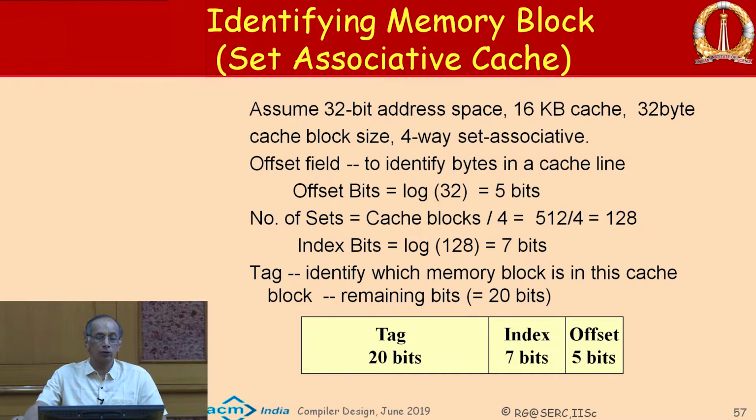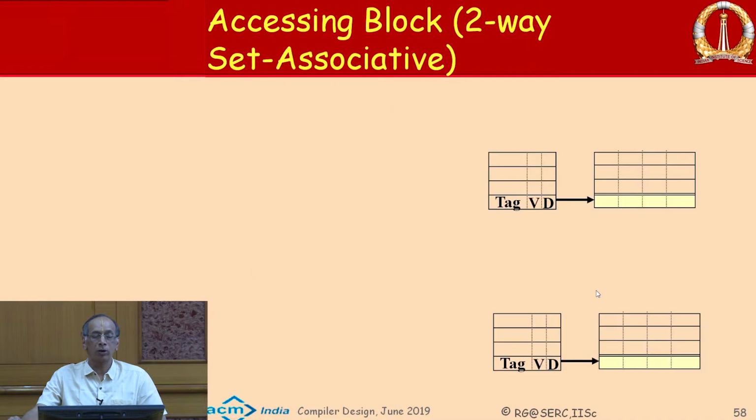So, this is a similar thing. If you have a set associative cache, again of size 16 kilobytes, then you take the number of cache blocks, which is 512, and divide it by 4 if it is a 4-way set associative, and you have 128 sets. That means that you need 7 bits as index. Now, how do you find the blocks in the cache?